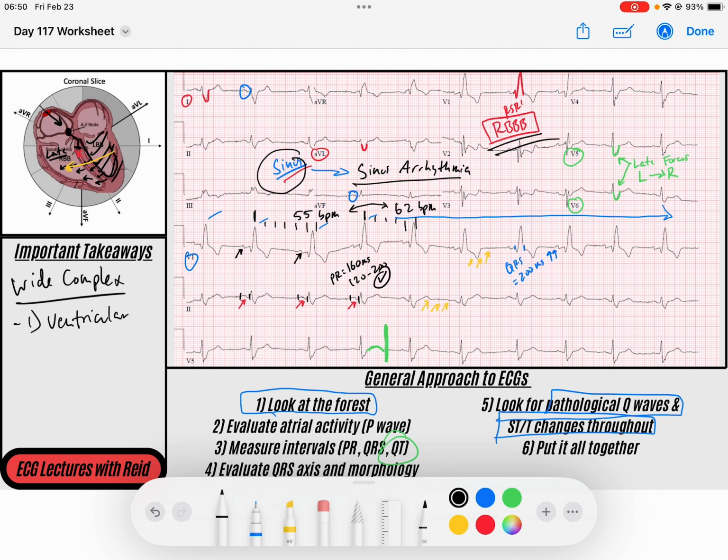And you can do that by seeing if the QRS morphology doesn't match any of our normal aberrancies. So if it doesn't look like a left bundle branch block, if it doesn't look like a right bundle branch block, maybe start to work through your algorithm of, okay, where is the atrial activity, right? And then you're looking for atrial with aberrancy.